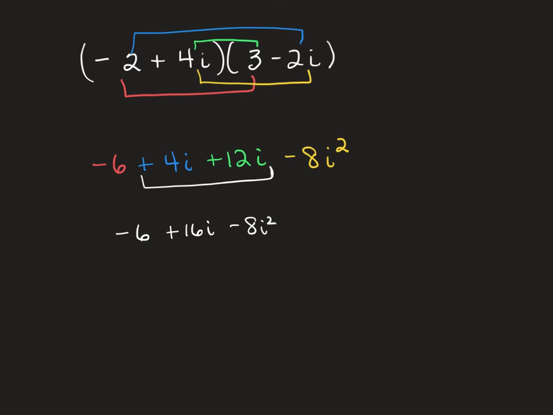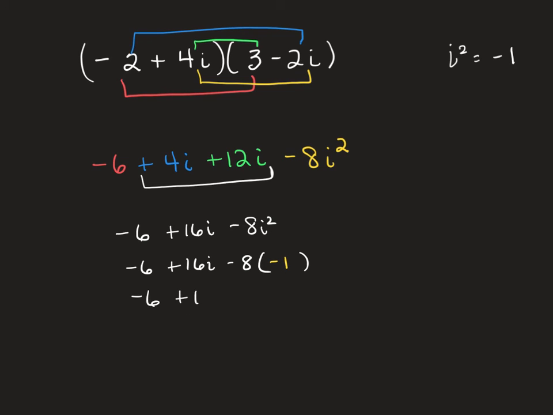And now I want you to remember, back in the beginning, I said you should know some things. And we said that i squared equals negative 1. All right, that means anytime I see an i squared, I replace it with negative 1. So this is negative 6 plus 16i minus 8, and right in here is where the negative 1 is going to go. Okay, I would simplify that.